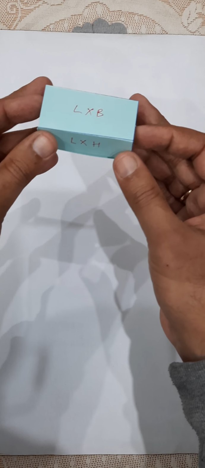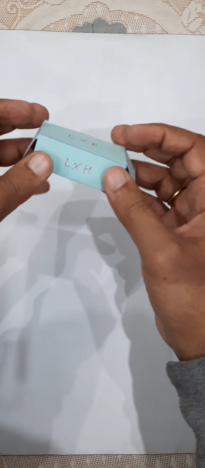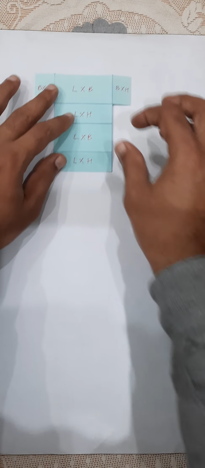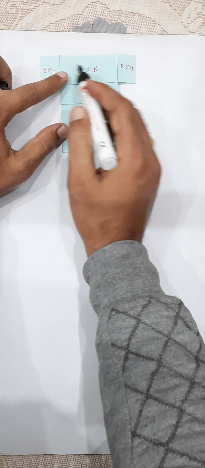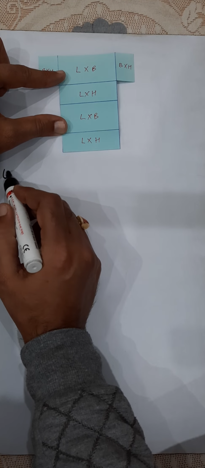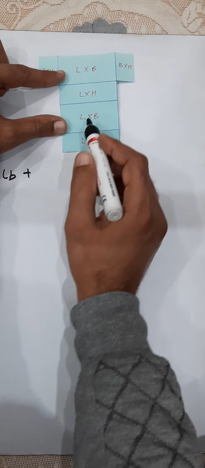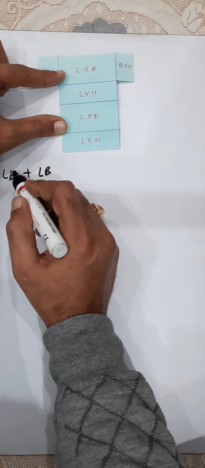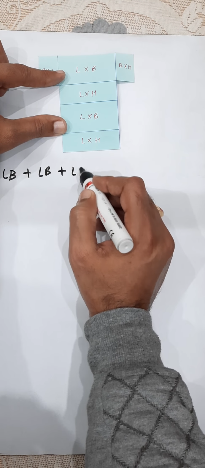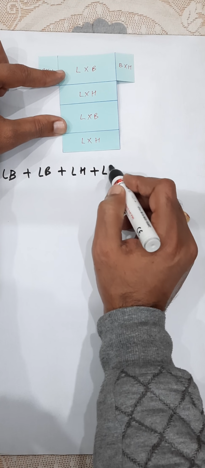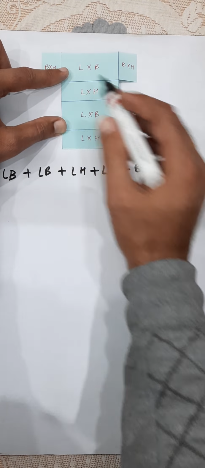So the areas of all six surfaces have to be added, then it will become the total surface area. When you add all of them, one of them is LB, plus there is one more LB, then LH, then one more LH, then BH, and another BH.